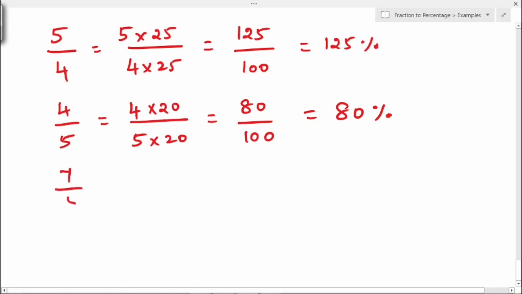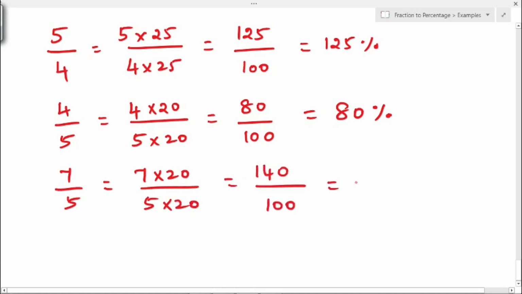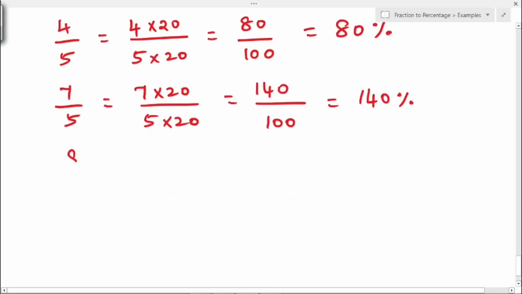Suppose we have 7 by 5. Again we have to multiply with 20. So 7 into 20 divided by 5 into 20. In the numerator we have 7 into 20, that is 140, divided by 100. So the answer is 140%. Next we have 8 divided by 10. See, in the denominator we have the value 10.